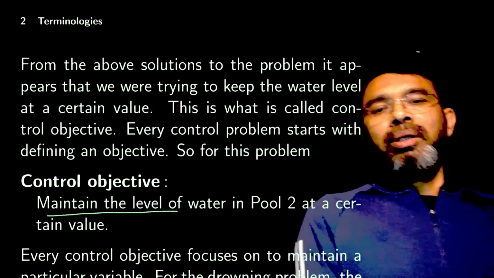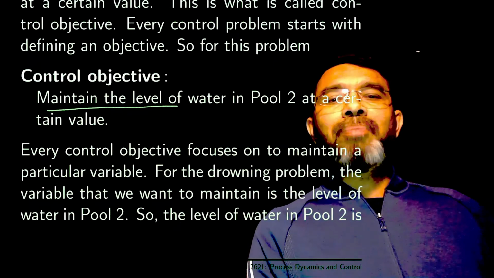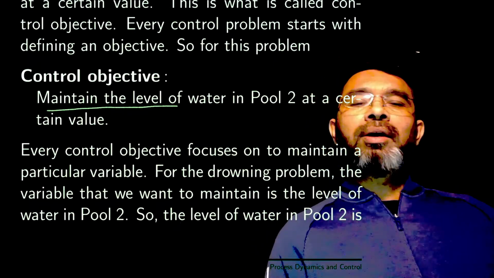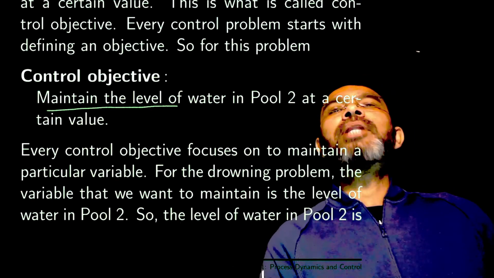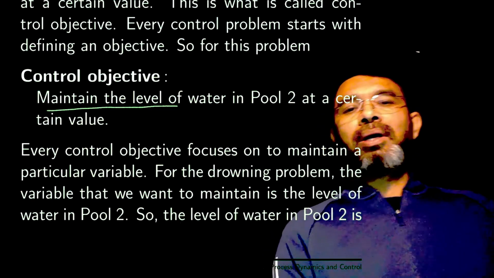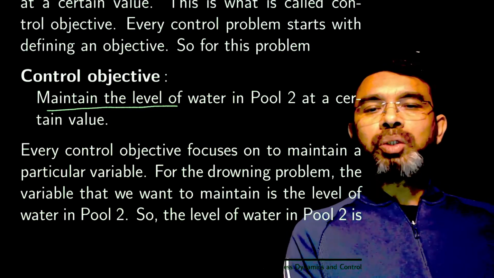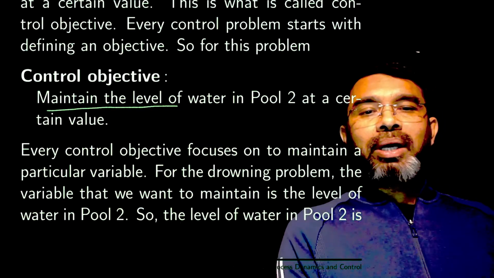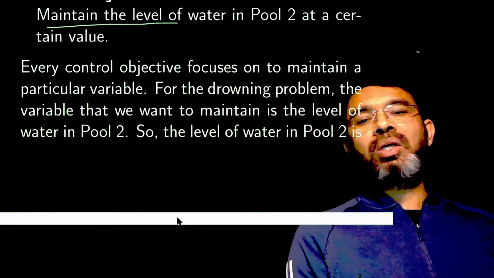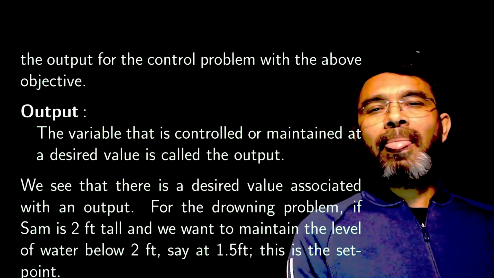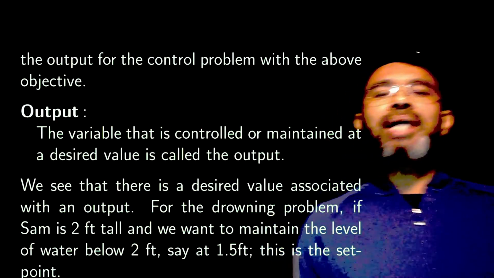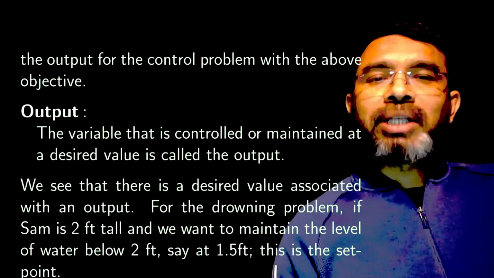Now every control objective focuses on maintaining a particular variable. For the drowning problem, the variable that you want to maintain is the level of water in pool 2. Now this variable is called the output. So you need to really change your perception from a process perspective.